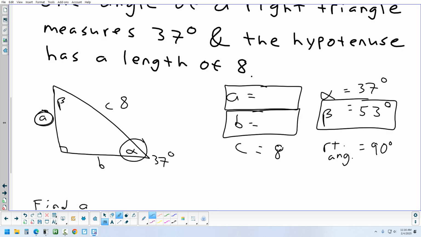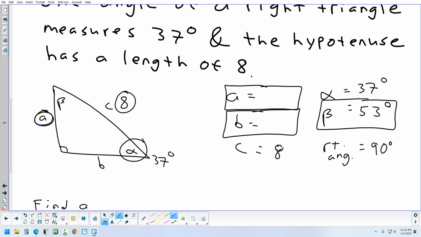And what other side do you think we're going to use? The hypotenuse, because that was given. So now let's label each of the sides, the one we know and the one we want to know. And by label, this time I mean their position: opposite, adjacent, and hypotenuse. What is side A? Opposite.